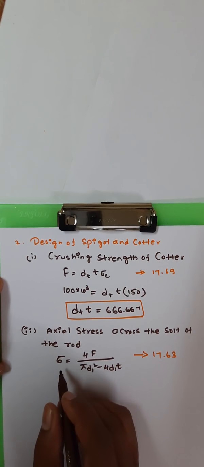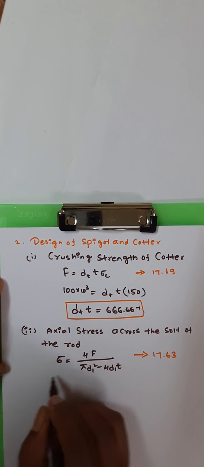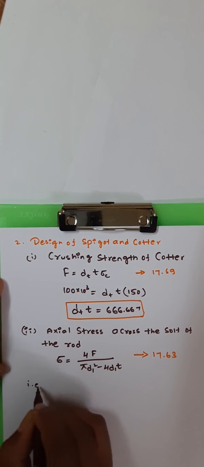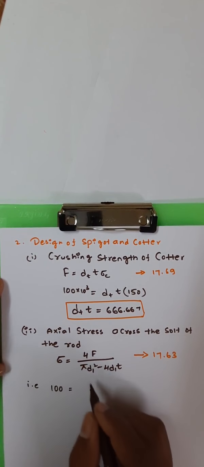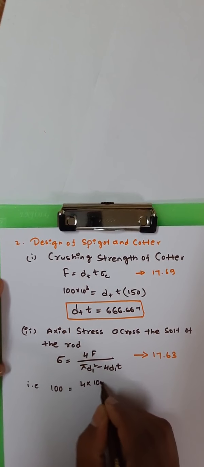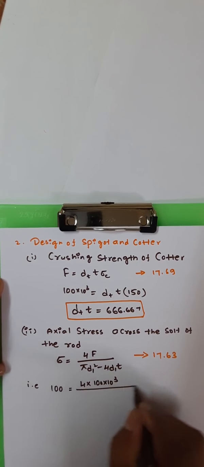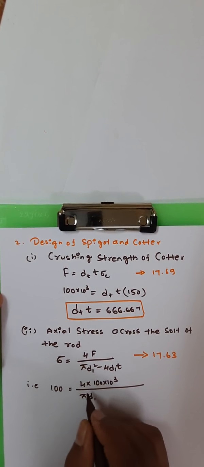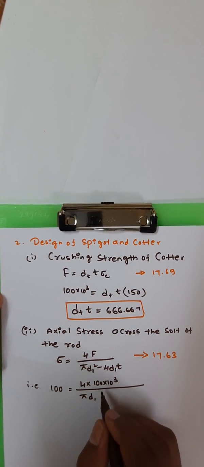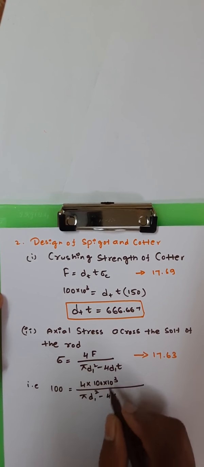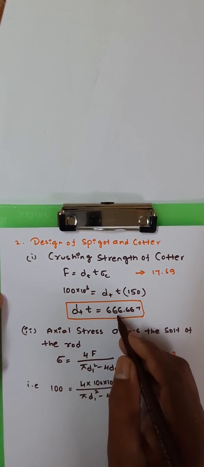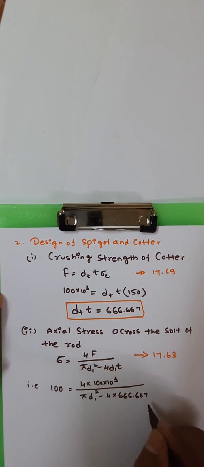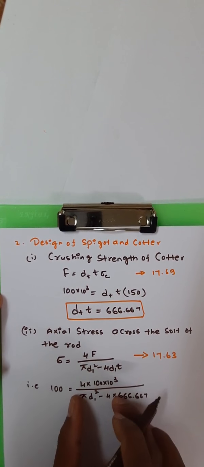We know the value of this axial stress, that is 100 Newton per mm square. So 100 is equal to 4 into F, 100 into 10 to the power 3, divided by pi d1 square minus 4 into d t T, which we simplified here as 666.667.